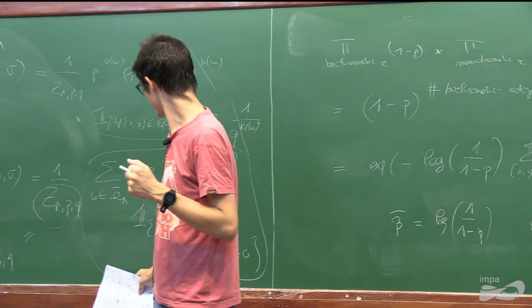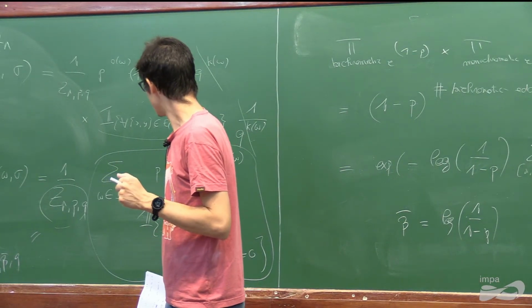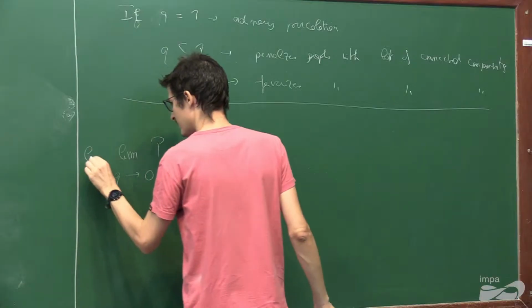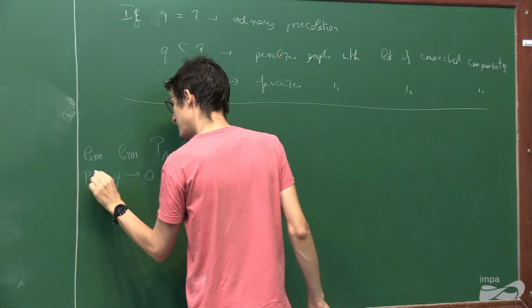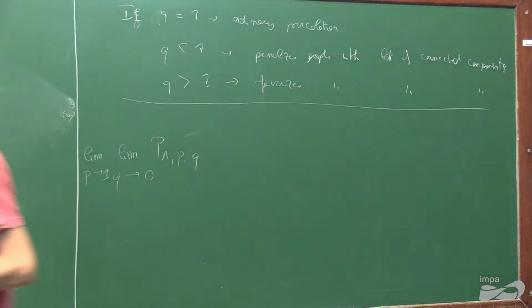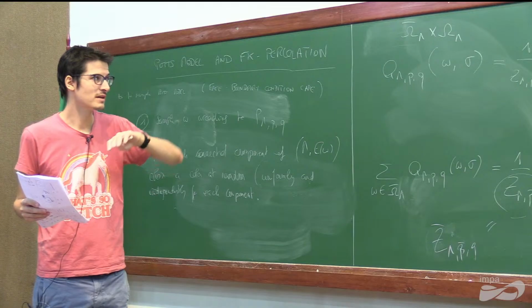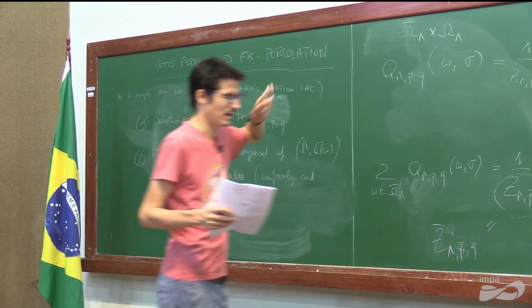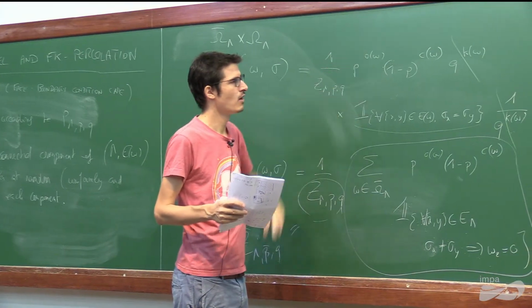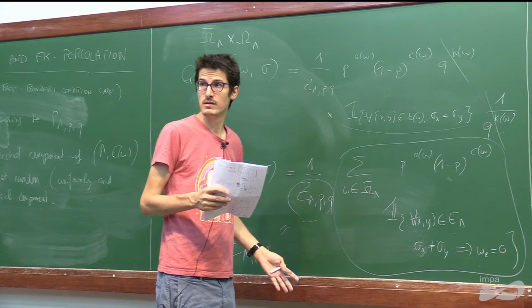And if after that you take the limit when p goes to 1, it will have to concentrate on the configurations which have a maximal number of open edges.